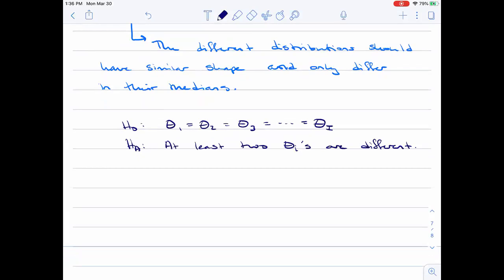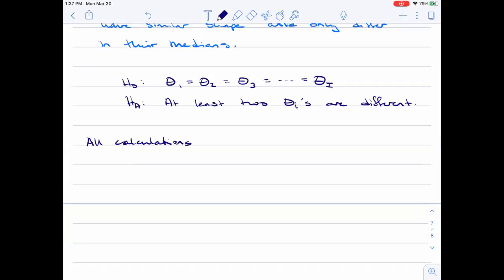All calculations are done using software, such as R. It basically lands you at an approximation using a chi-squared, and it has the observed minus expected in some ways, for the ranks.